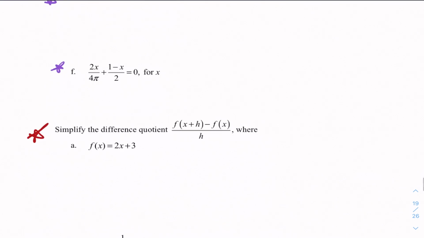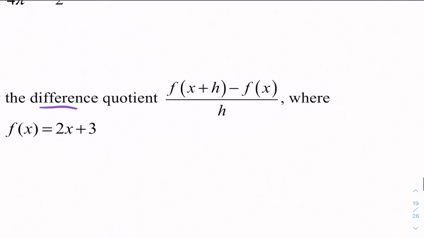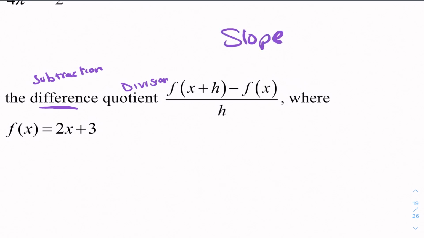The next most important topic that will directly relate to what we're going to do with limits and derivatives is this difference quotient. Difference meaning subtraction, and quotient meaning division. This is a fancy way of saying the slope of a function.